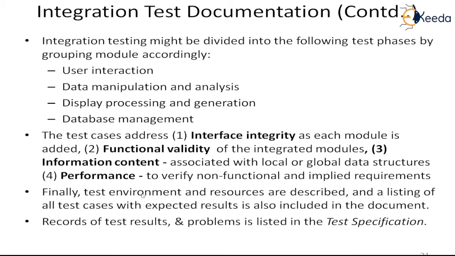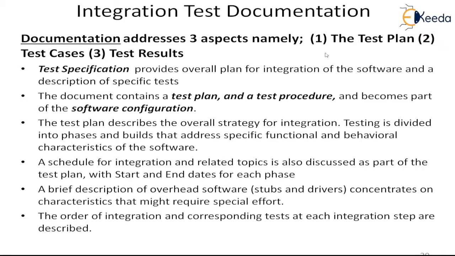And the listing of all the test cases, how we will determine them, is written here, and all the test cases along with their expected results, the triplet we discussed, I, S and O, will be part of the document. So this test specification document, we have said, will contain three parts: the plan and the test cases. We have discussed the test cases and we have now discussed the test plan.